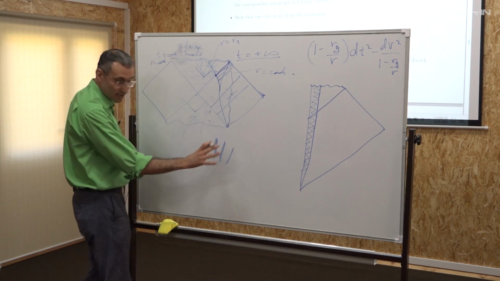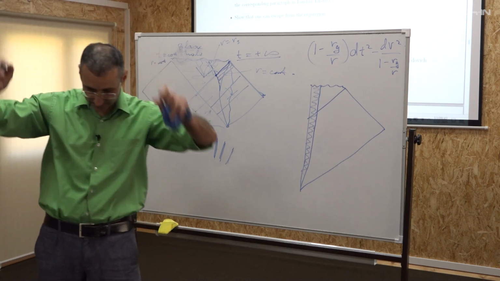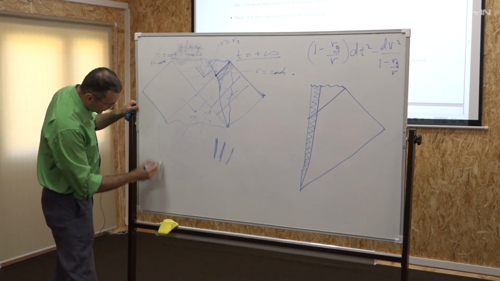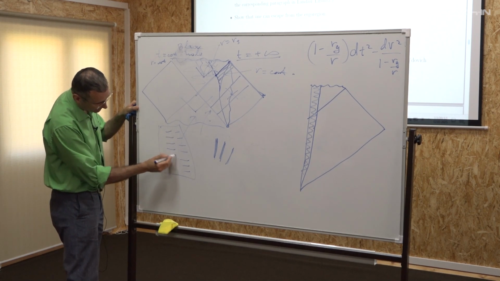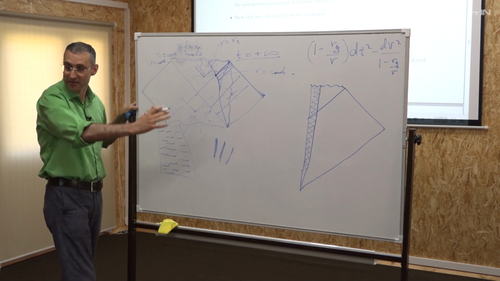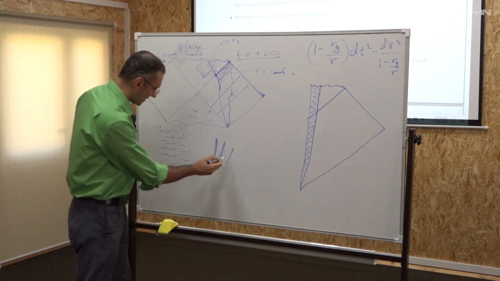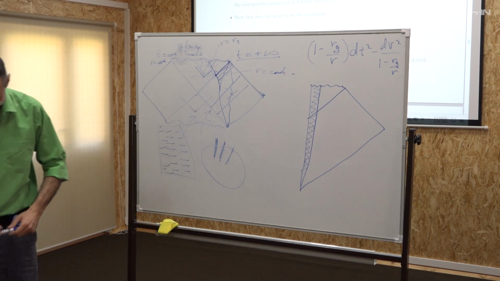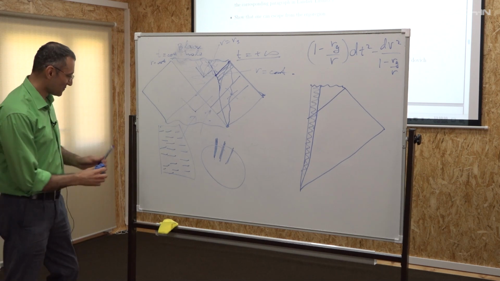If you have a hedgehog of these, they interfere with each other and essentially cancel. If the antenna is a plate and these emitters are directed in one direction, they actually increase each other. But if you start to curve them around, they kill each other. Interference kills the radiation.